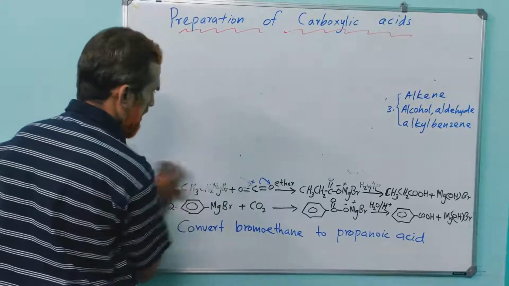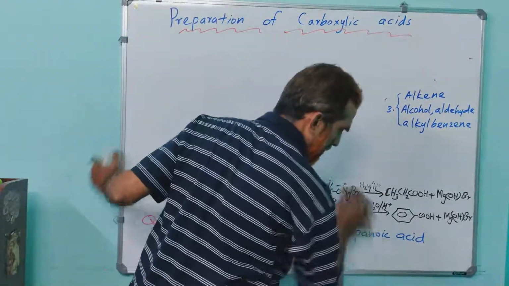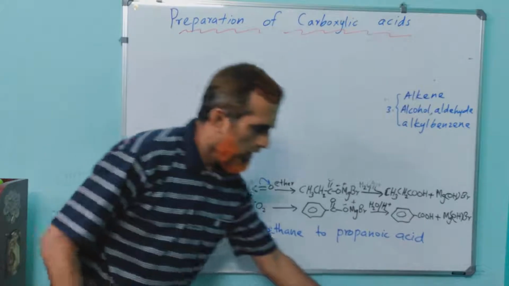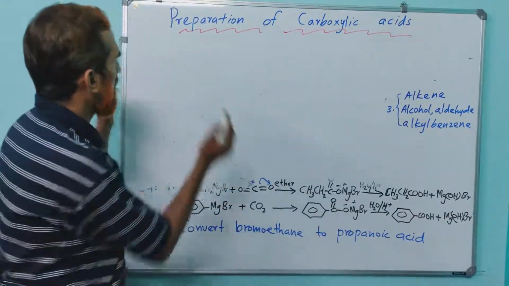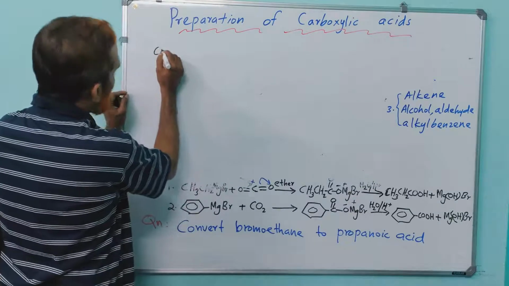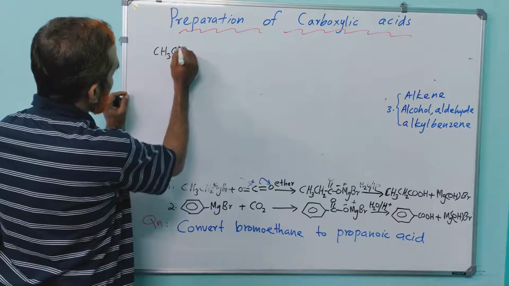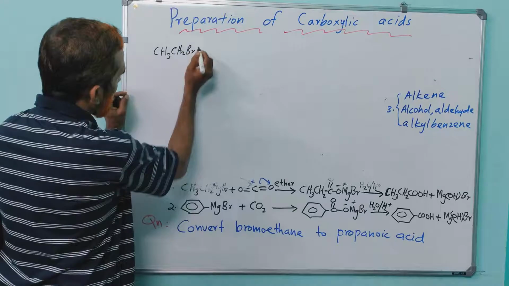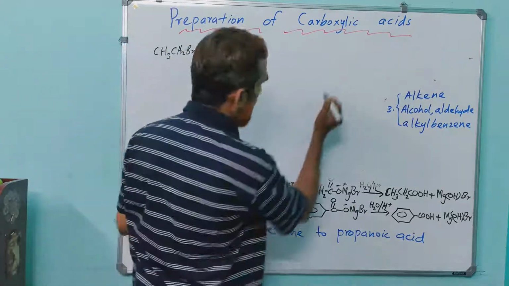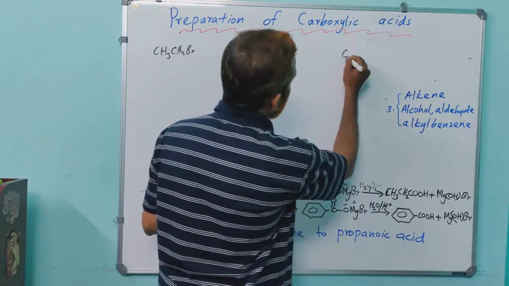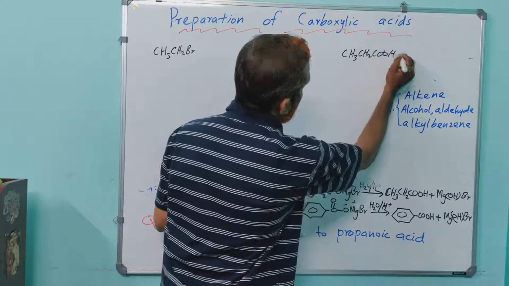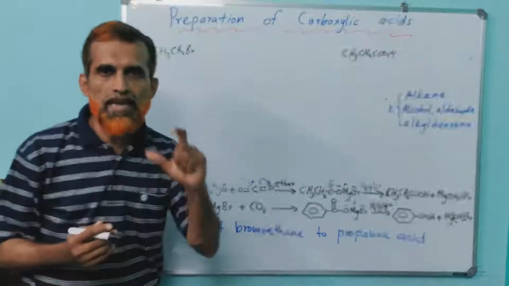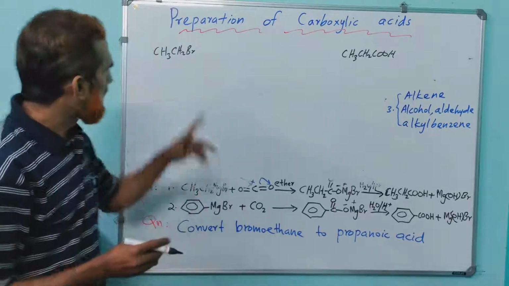Whenever you have a question for conversion, first what you do is you write the starting compound and the final compound. So it is bromoethane, CH3CH2Br, to be converted into what? Propanoic acid, CH3CH2COOH.